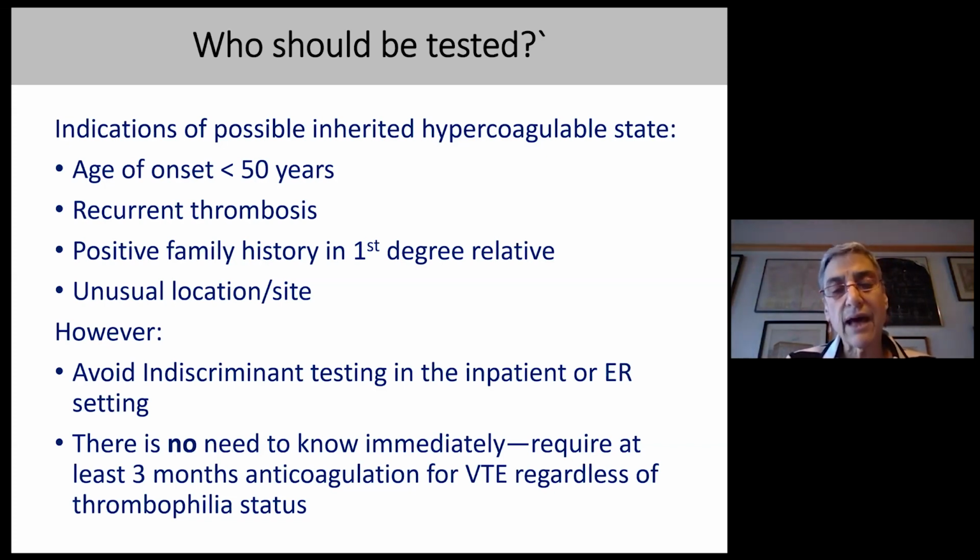However, it is not recommended to test everybody who comes in, especially in the ER with a clot. And there's really no rush to diagnose one of these syndromes because everybody who has a clot needs at least 3 months of anticoagulation, regardless of their thrombophilic status.